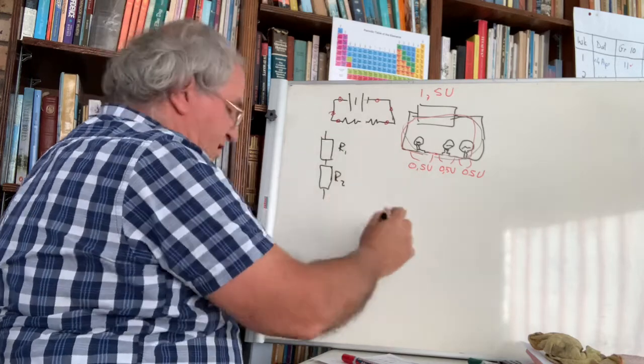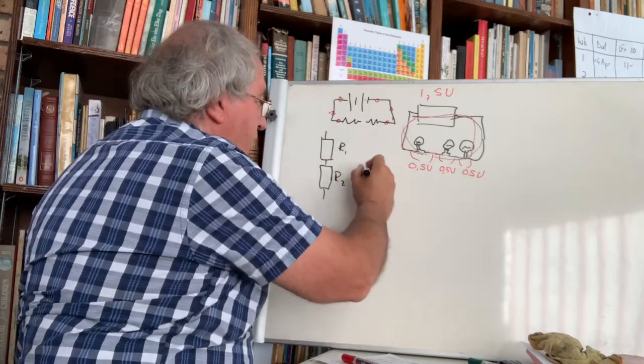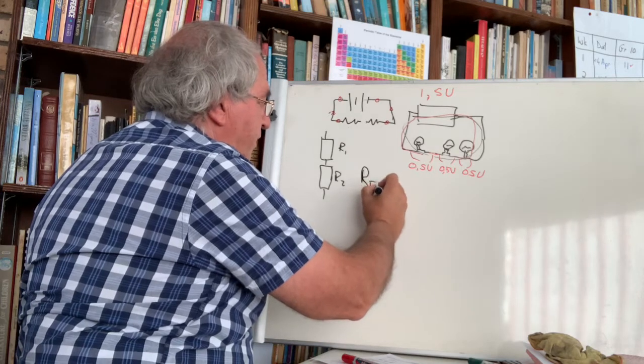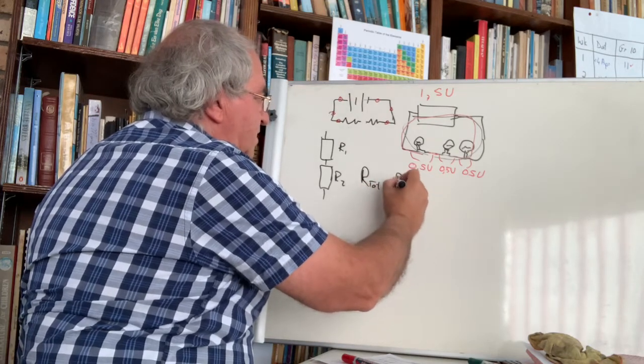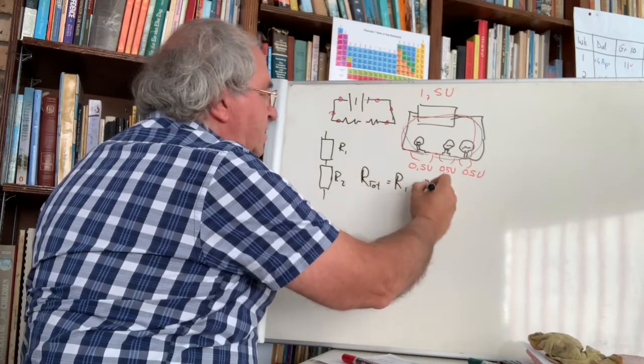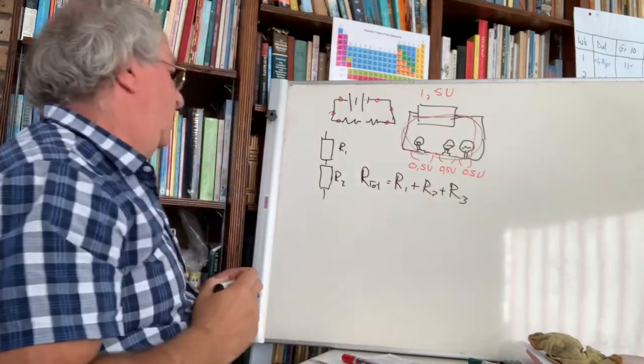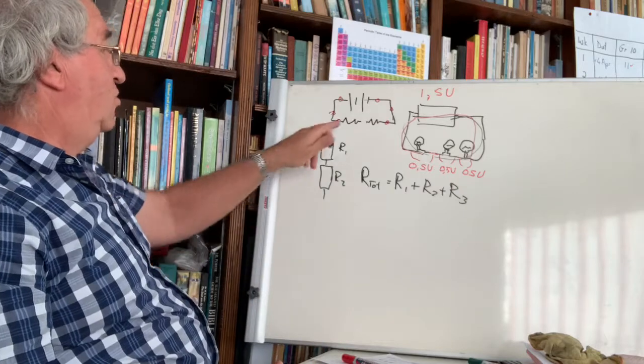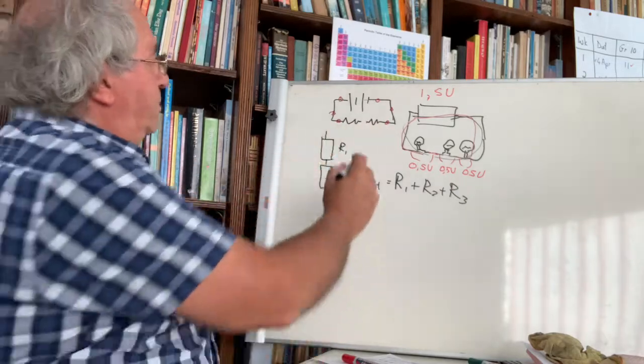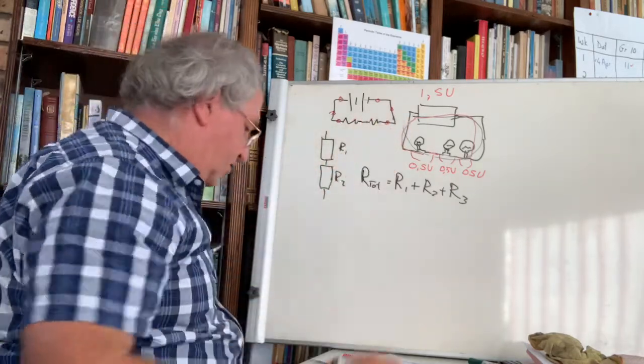Then the total resistance, R total, equals, it is simple, just the one plus the next one plus the next one. So you just add all those resistances up to make up the total resistance.